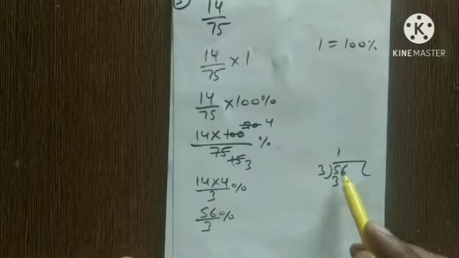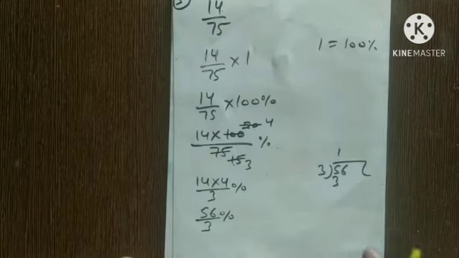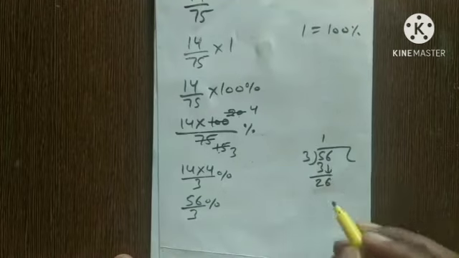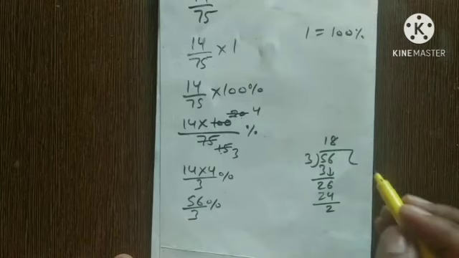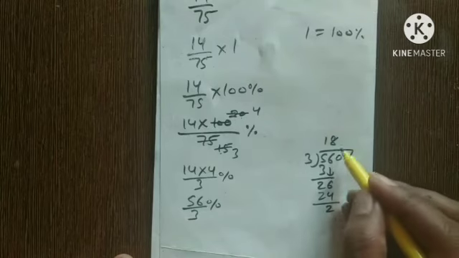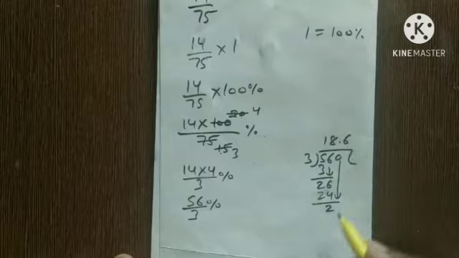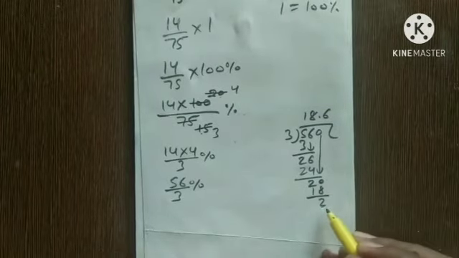So 14 multiply 4, that is 56, and I have to divide this 56 by 3. Now 3 8s are 24, 2. Now you see I will write 0 and mark decimal here. 3 6s are 18. Now the remainder is again 2.